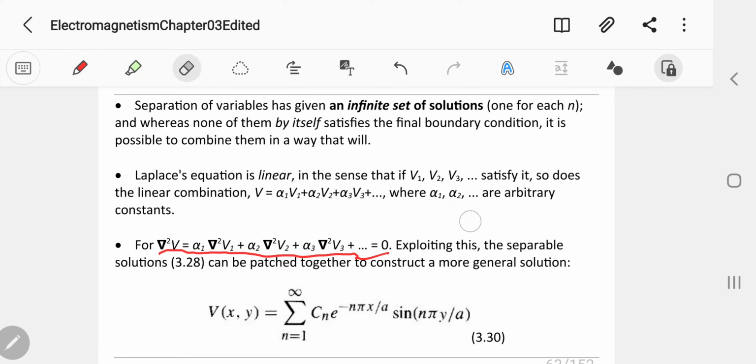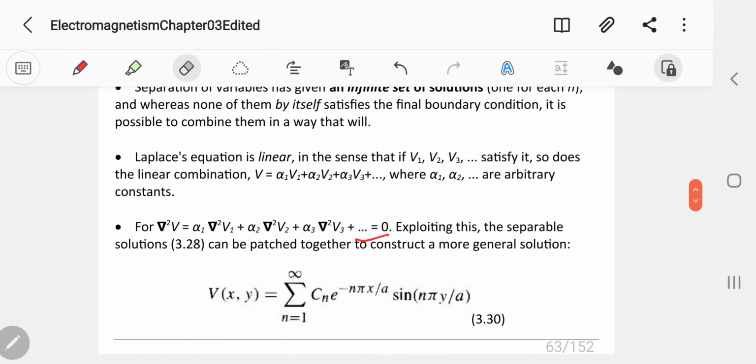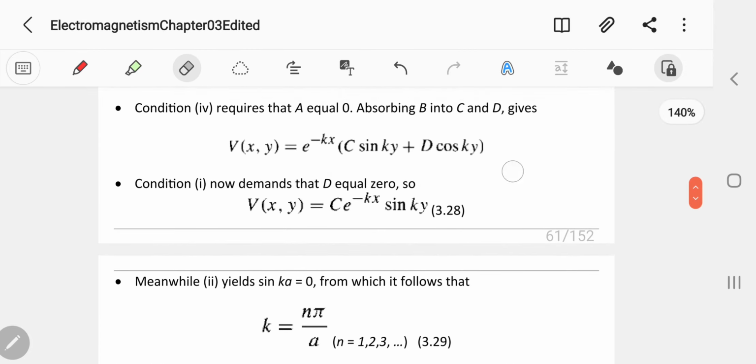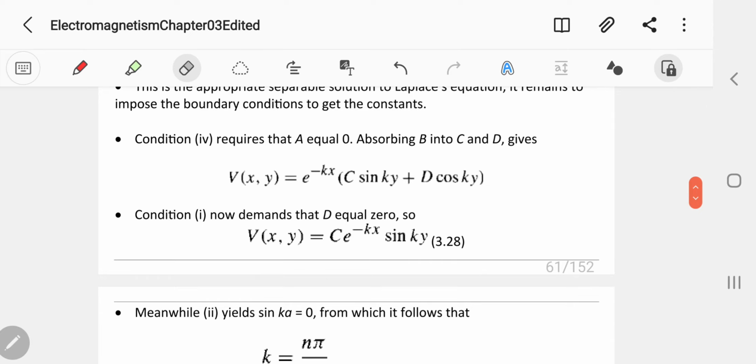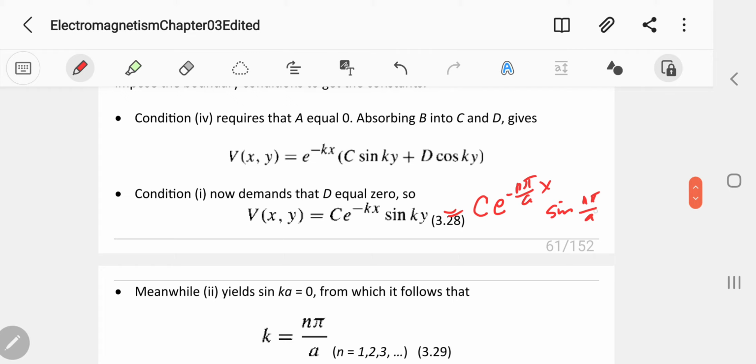And the V, so here this is actually equal to C e to the n pi over a x negative sine n pi over a times y.